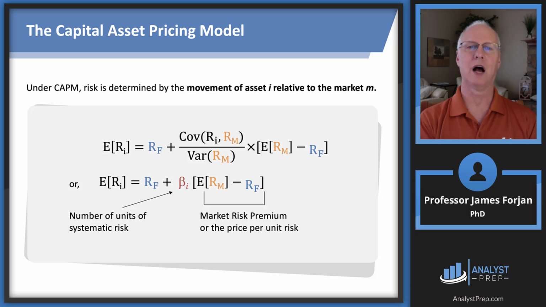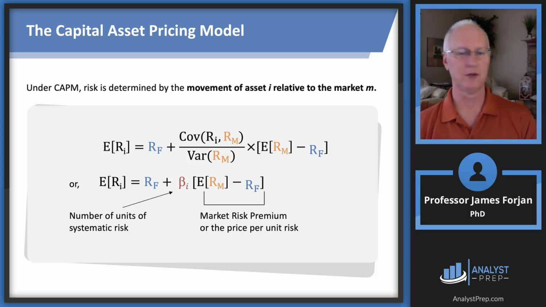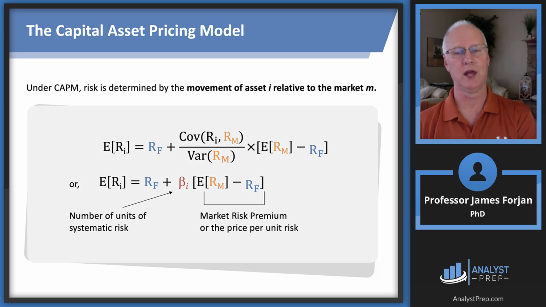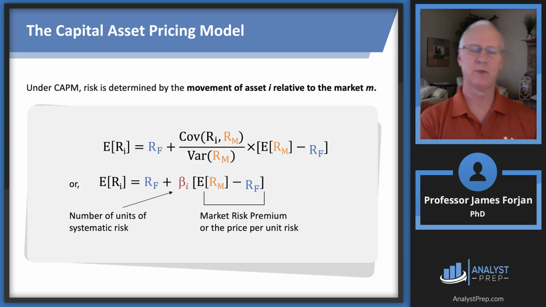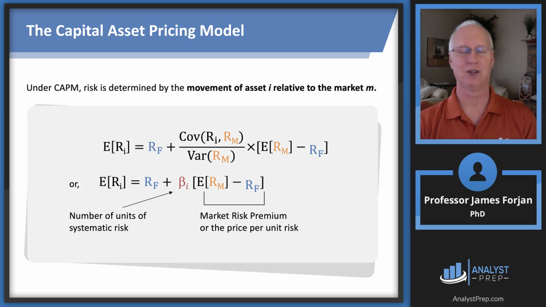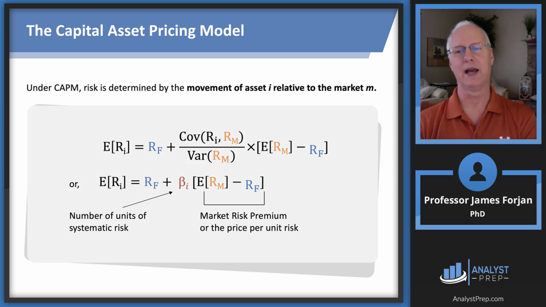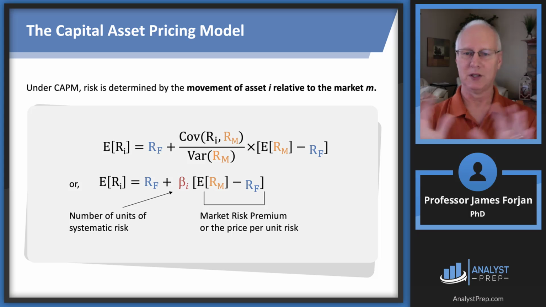If you own a stock that has a beta of 2, twice the systematic risk of the market portfolio, and if the market portfolio, let's say the S&P 500 index, increases by 10%, then you should reasonably expect to earn twice that, right? You have twice the systematic risk, so you should earn 20%. So there's a kind of an overreaction, right? You have more risk, so you get more return. Now, of course, it doesn't work like that, 10 to 20, but it illustrates my point.